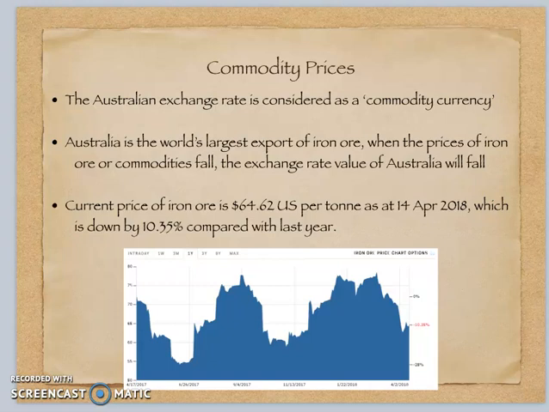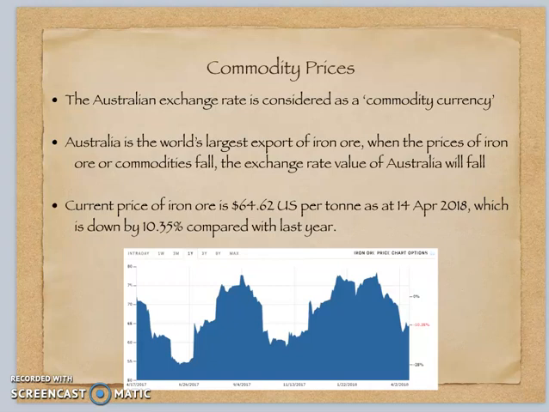A commodity price is the price of anything that is bought or sold. In this section, we are talking about the commodities that Australia exports. Because Australia is a large commodity exporter, especially of mineral and agricultural products, the level of demand for Australian dollar is significantly influenced by worldwide commodity price.